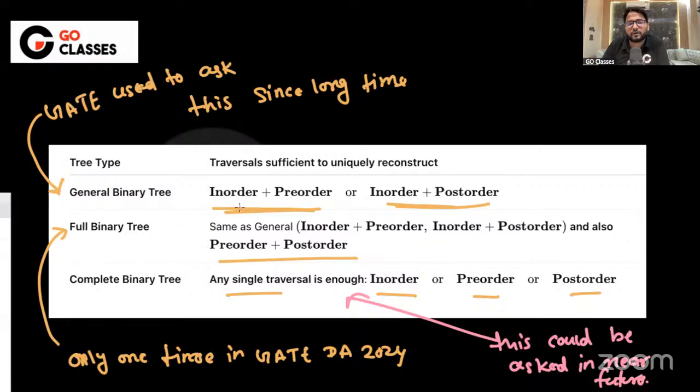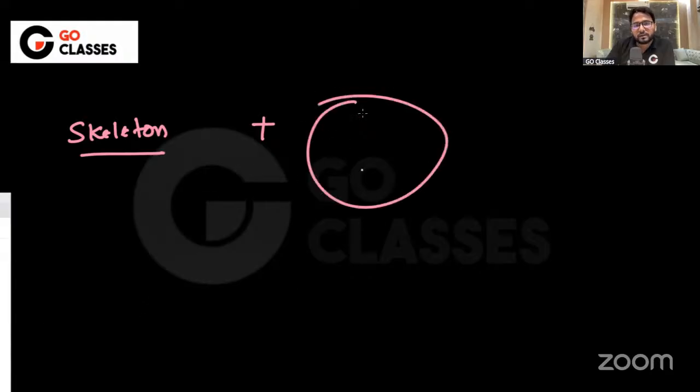So basically, one thing I got to know: if the skeleton is given to you, then any tree traversal order is fine.